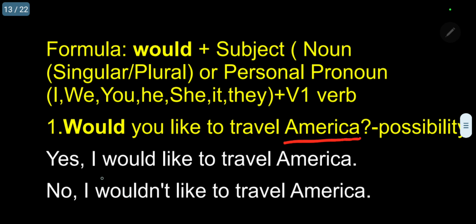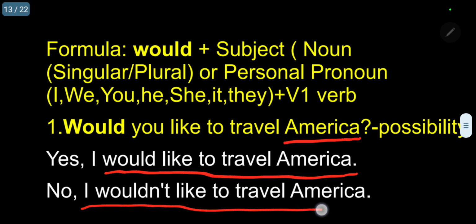Yes, I would like to travel America. No, I wouldn't like to travel America. So these are the two possible answers. Remember, this is simply a possibility indicating the future. I will be going, that is, I would go. I would like to travel. I would like to travel America. Future.